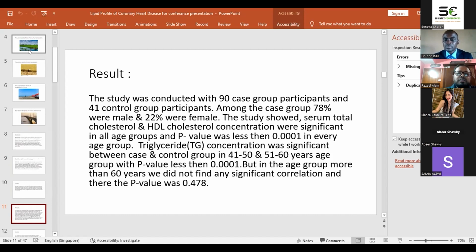Whereas triglyceride concentration was significant between case and control group in the 41 to 50 years and 51 to 60 years age groups with a p-value less than 0.001. But in the age group more than 60 years, we didn't find any significant correlation, and the p-value was 0.478.